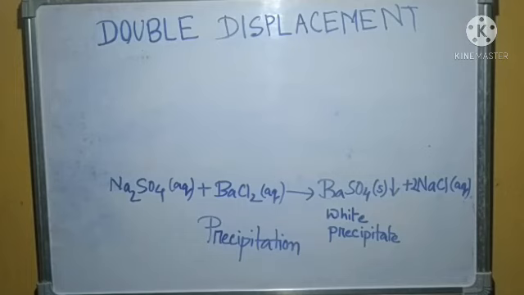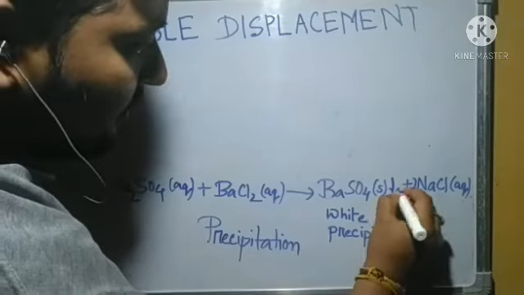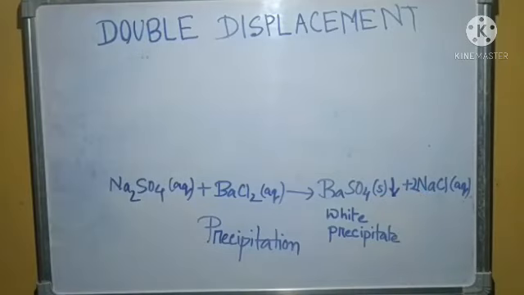To identify whether a reaction is a precipitation reaction or not, we have to see whether any precipitate is formed. This arrow which I have given pointing downwards is given when any precipitate is formed.